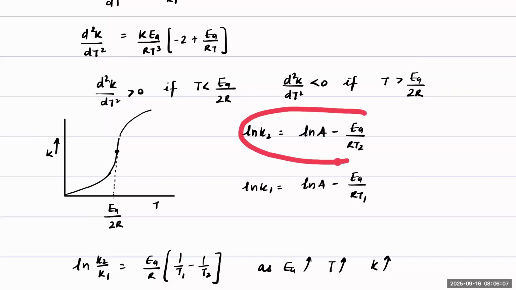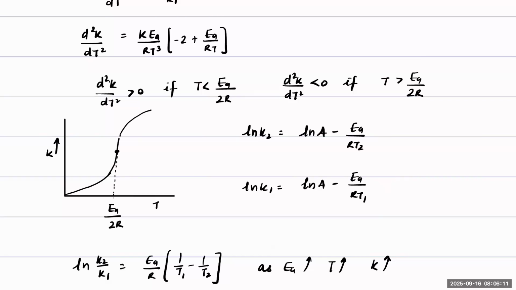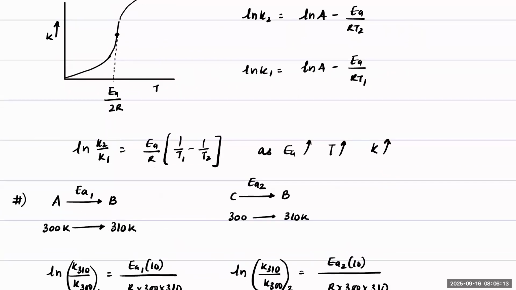Now I can write ln K2 and ln K1 in terms of two different temperatures, and if I subtract them, I will get 1 by T1 minus 1 by T2. K value depends on these two parameters, EA and T. If the activation energy increases, then the K value increases. If the temperature value increases, then also the K value increases.